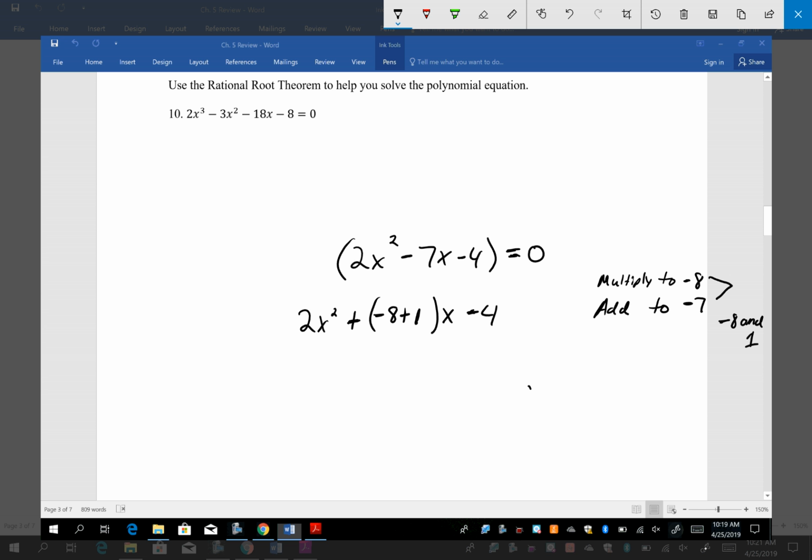What I'm hoping your brain sees is that I still have negative 7 in front of x. Negative 8 plus 1 is negative 7. I haven't changed the problem. So now I'm going to distribute: negative 8 times x is negative 8x, and 1 times x is plus x, minus 4. And then it becomes factor by grouping.